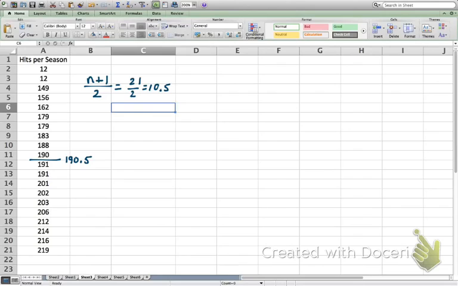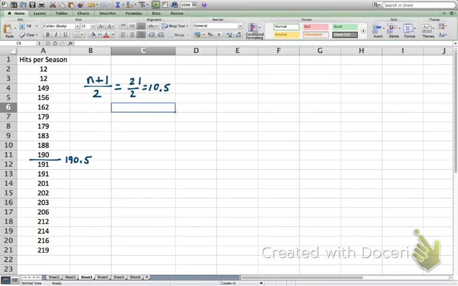We actually don't necessarily need the median. We just had to know where it lies so that I could divide the data set into two halves, an upper half and a lower half. Let's take a look at the lower half now. We want to find the median of that lower half of the data so we can find the first quartile. There are 10 values. Again, 10 plus 1 is 11, divided by 2 is 5.5. So the median of the lower half is between the 5th and the 6th value.